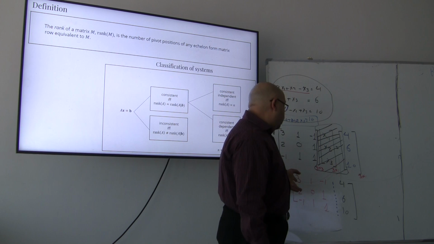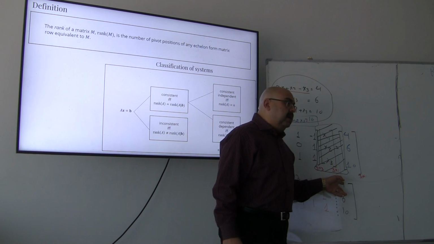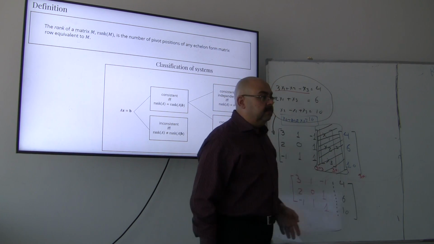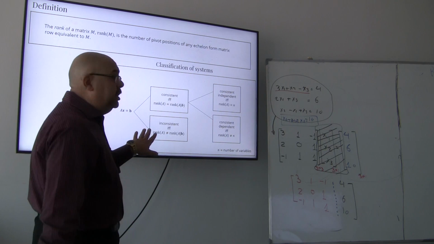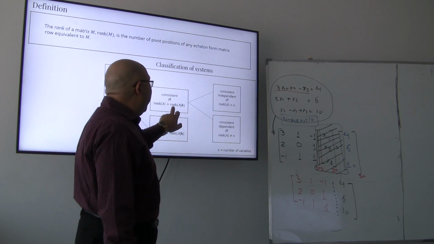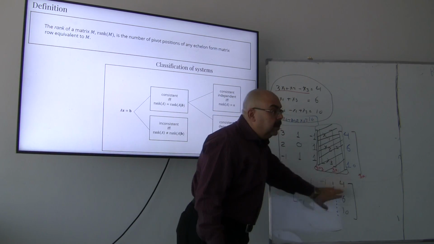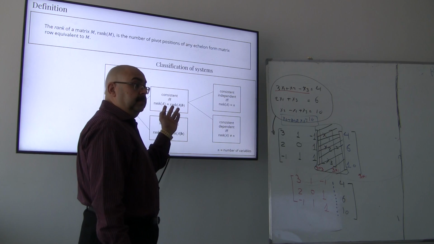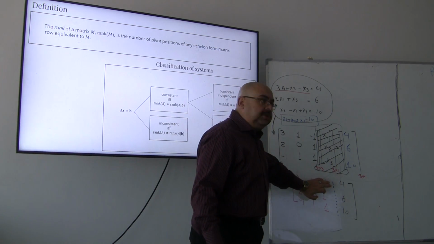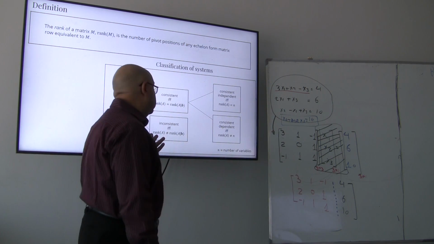But if the rank of the coefficient matrix equals the rank of the augmented matrix, but is less than the number of variables, you will have an infinite number of solutions. This is actually written in here. See, if the rank of A equals the rank of the augmented matrix, and all of it is 3, you will have a unique solution. If the rank of the coefficient matrix is not equal to the rank of the augmented matrix, you will have no solution.